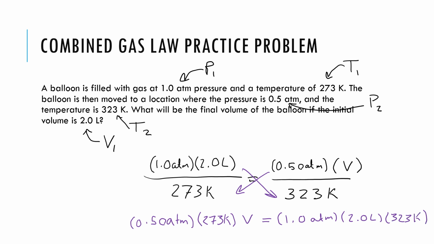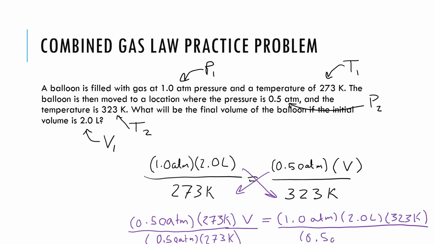To get V on a side by itself, we're going to divide both sides by this 0.50 ATM and 273 Kelvin.